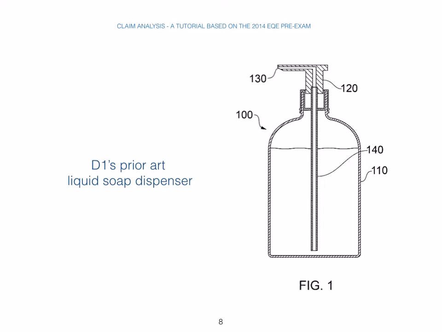Turning now to the description of document D1 that you'll find on page 16 of 29 of the examination papers. D1's figure 1 is shown on the slide.